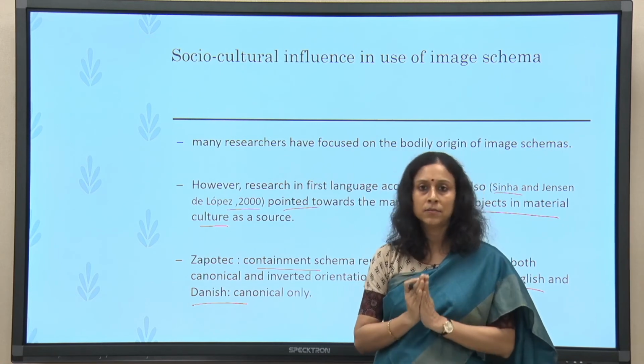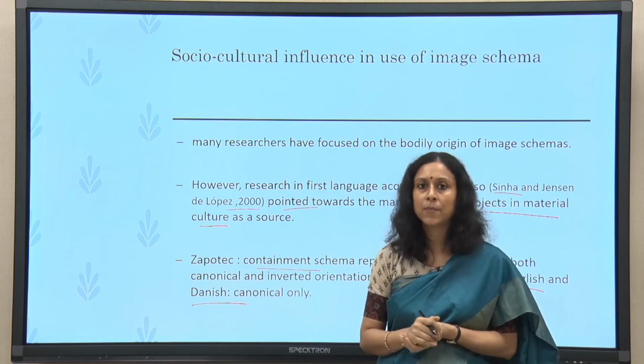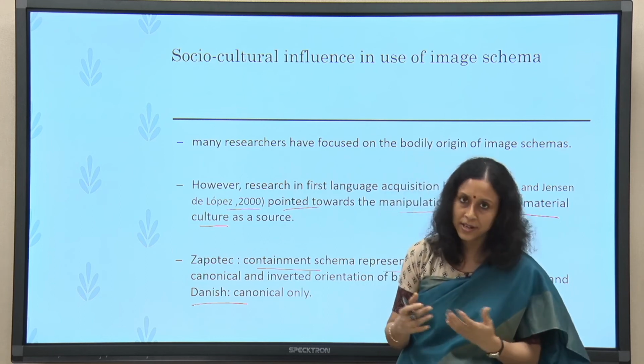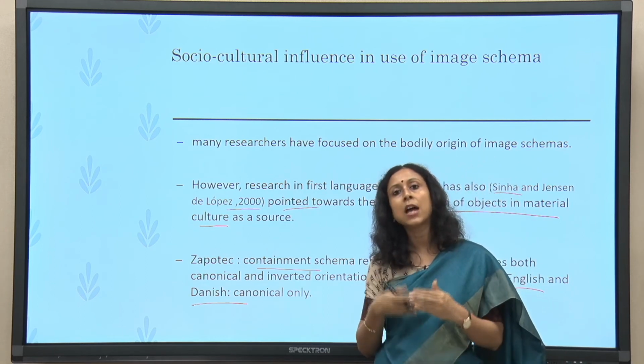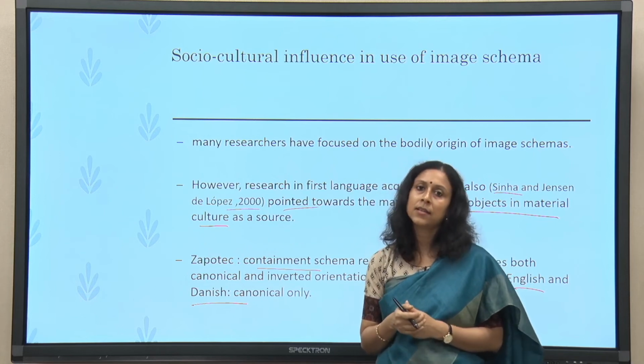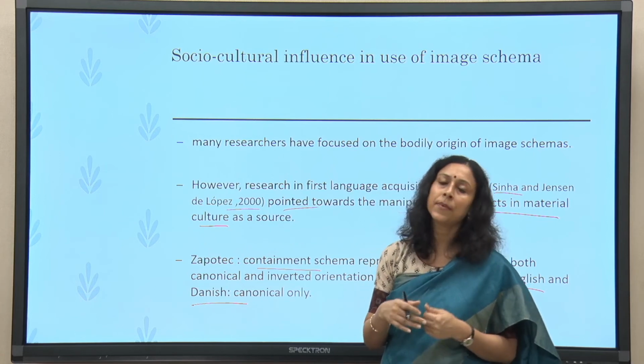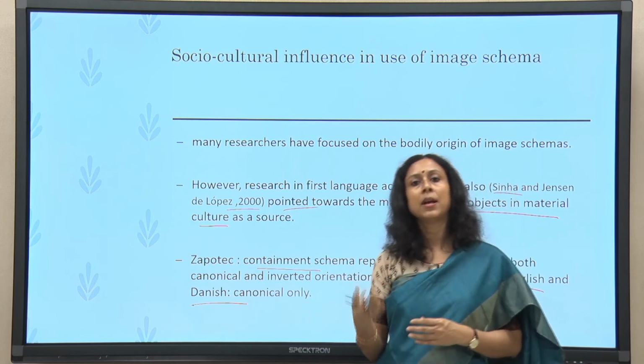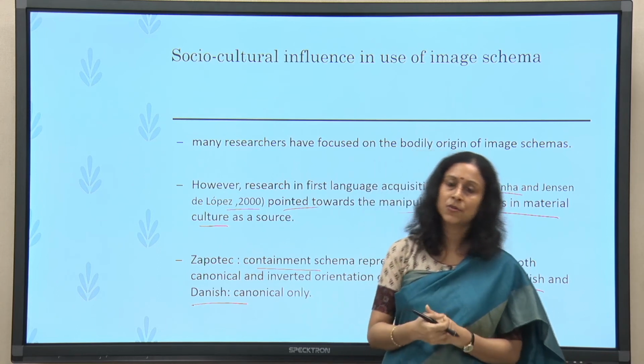So, the straight orientation: the bottle is standing straight, the cup is straight and so on. This can also have a reverse orientation, like the upside down orientation. So, the cup can be upside down, the bottle can be upside down, the box can be upside down and so on.